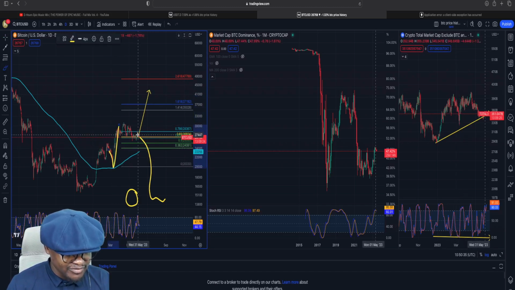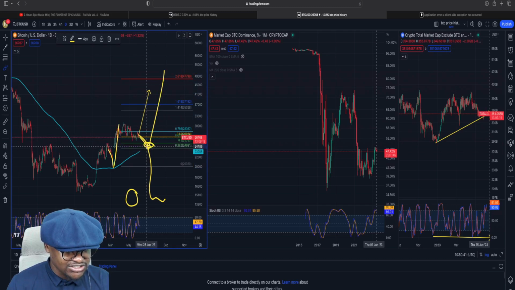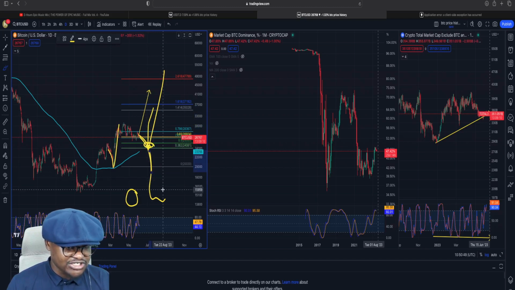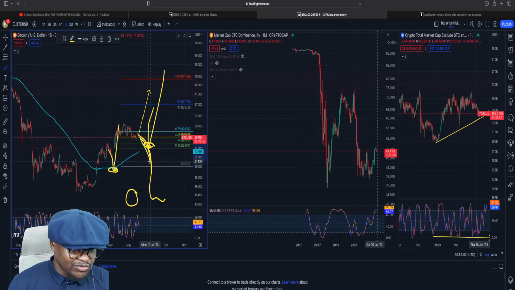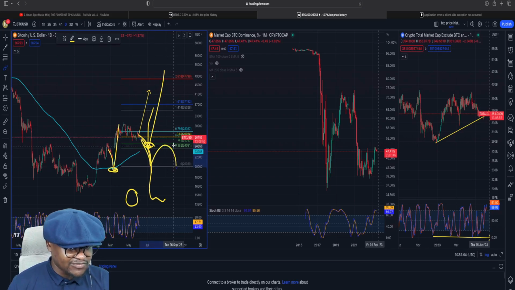This type of movement, we would expect that it happens around here, and this will be my safest zone to get in for the ride to the upside, because going lower than that will be headed down to 15 or 14. Probably it will bounce from here and give you some type of head and shoulders like so, but no, it will just be a downtrend.